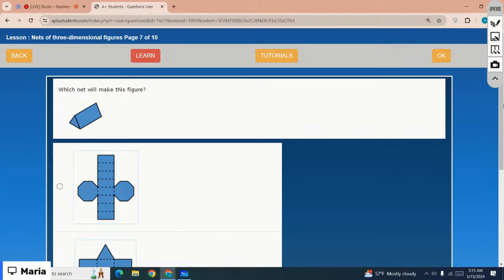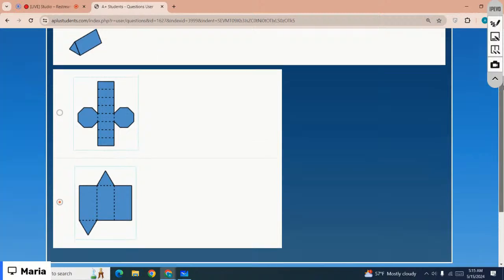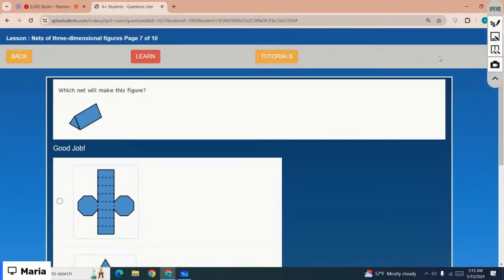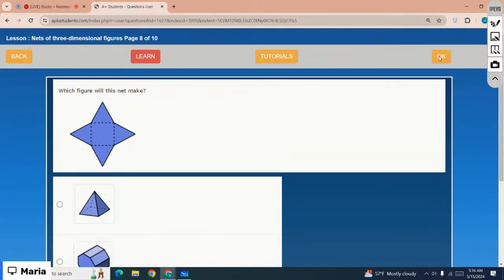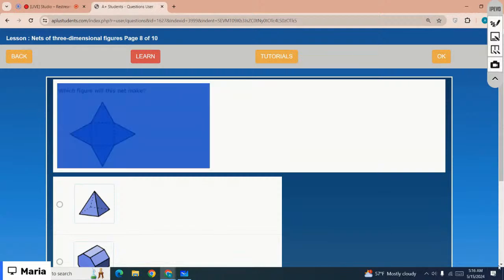That is option number 2, the correct option, right? Which figure will this net make? Option number one it is. The correct option is option number one.